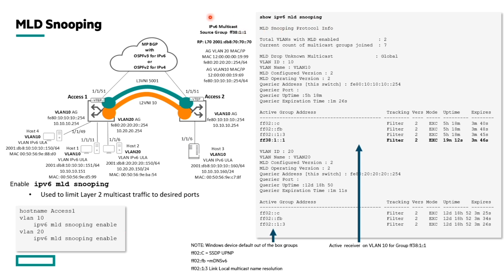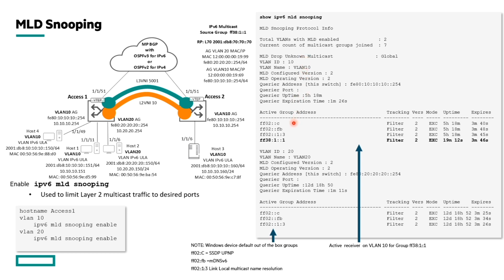In this setup we have a source group FF38:1:1, which is active, and we can see that in this show MLD snooping output we can see an active group that is occurring on VLAN 10.